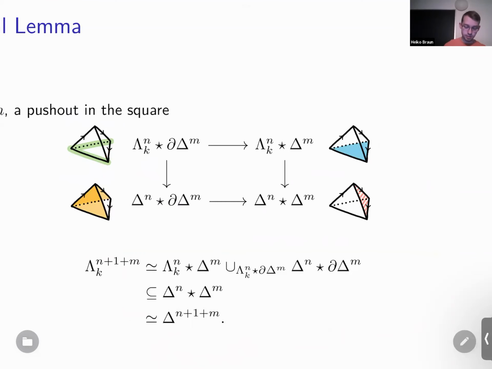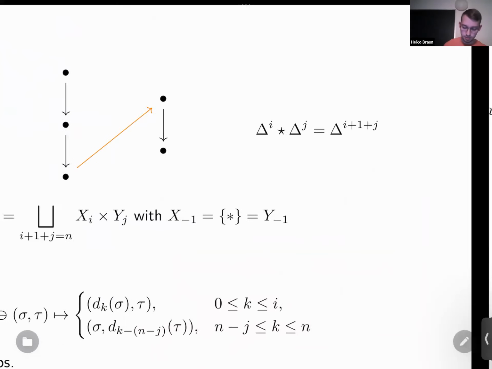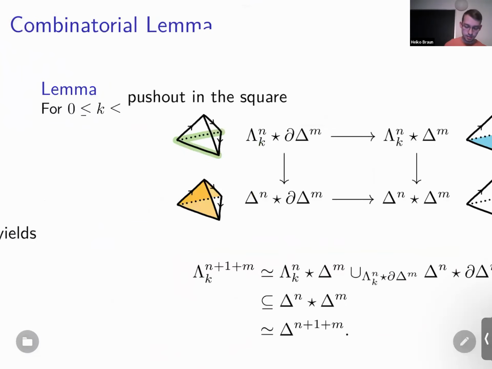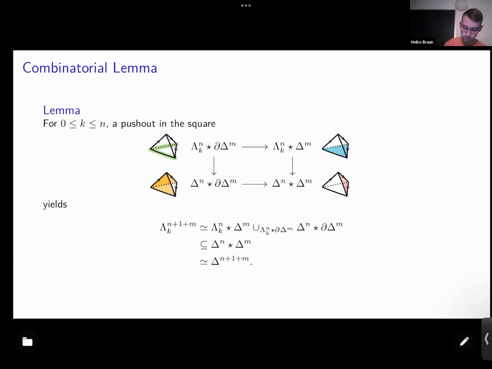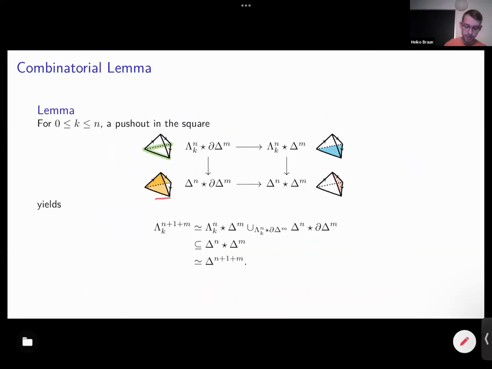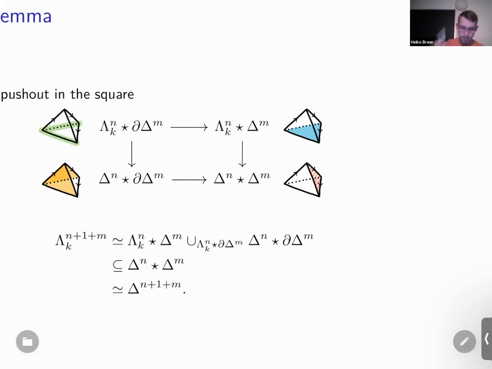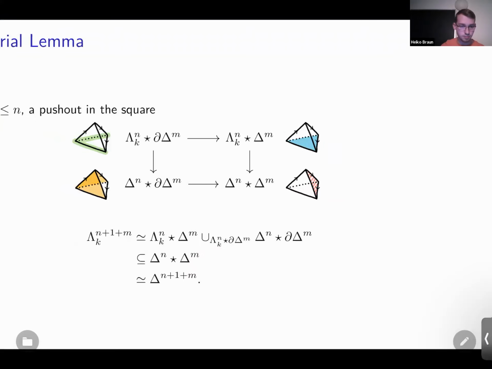And the other pictures are accordingly. Here we have the front face and the back face, and here we have the bottom face. When you glue those together in the pushout, this will be everything but the right face. So in this case I marked it in red, that it's not included in there.